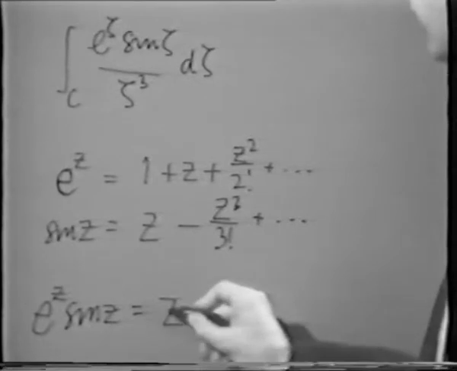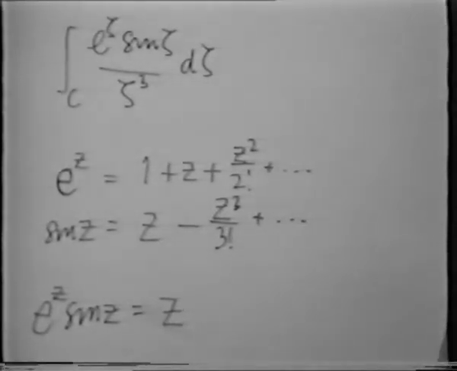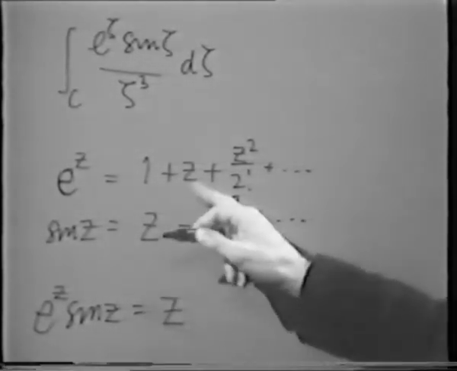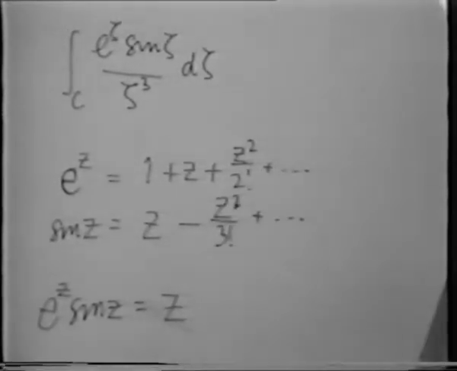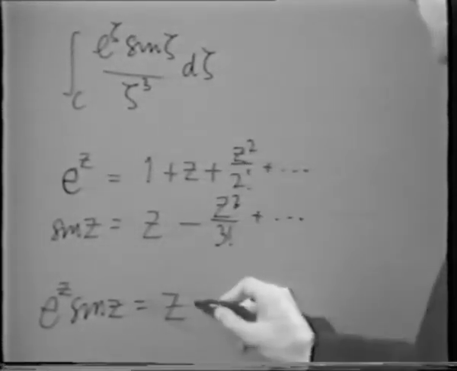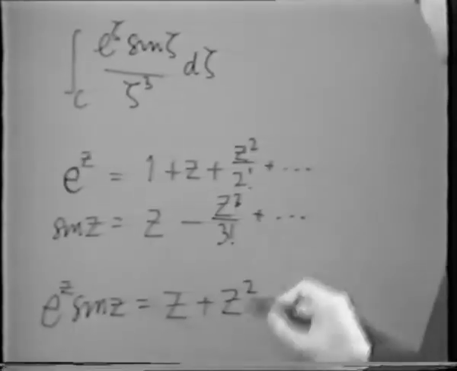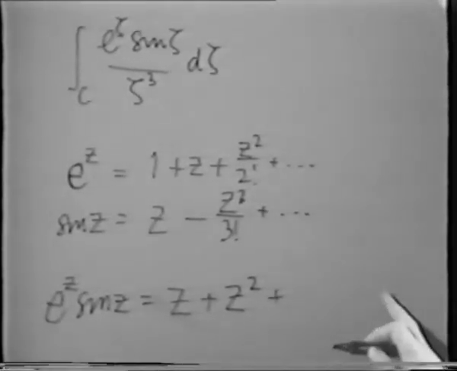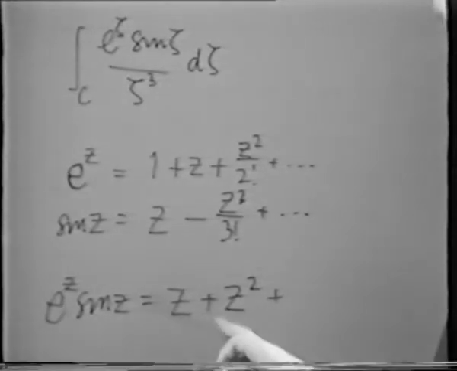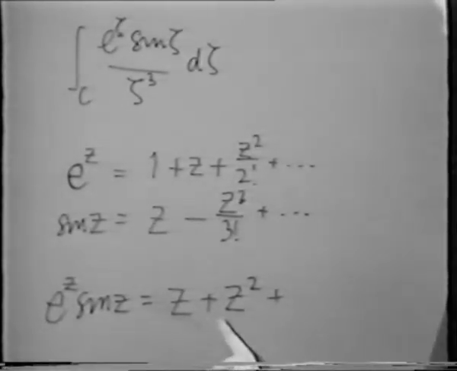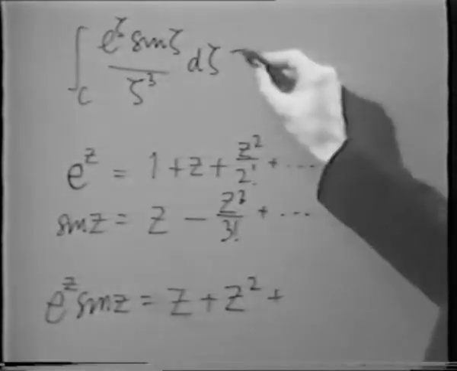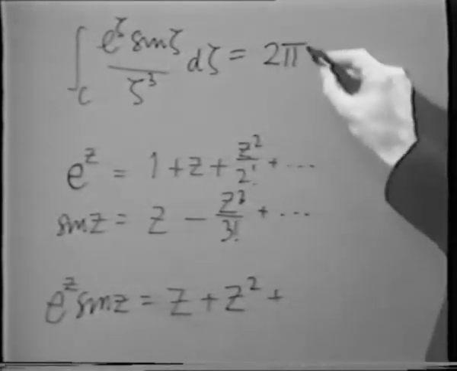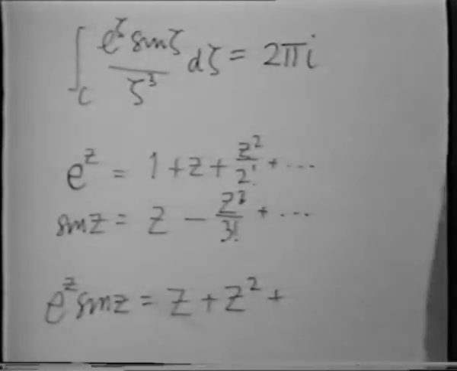That gives me a z. The next term, there's a z squared coming from there, and those are the only z squared terms, because this one is going to give me a z cubed. And then the next term is something times z cubed, something times z to the 4th. The coefficient of z squared is 1. 2 pi I times 1 is just 2 pi I. The value of that integral is 2 pi I.